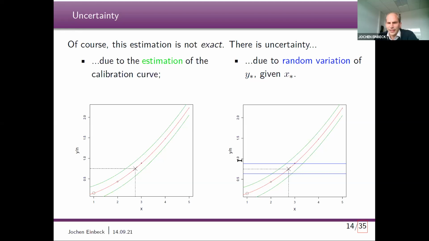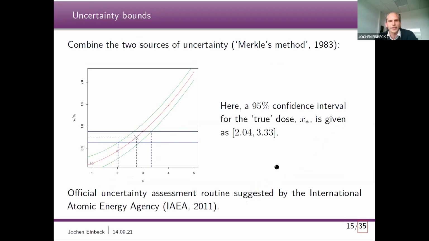Looking at these images, one can quite easily, I think, with some engineering type skills, infer how these two layers of uncertainty can be added. This is actually what is known in the dosimetry literature as Merkel's method, that simply connects the lower blue band here with the upper green one, and the upper blue with the lower green one.